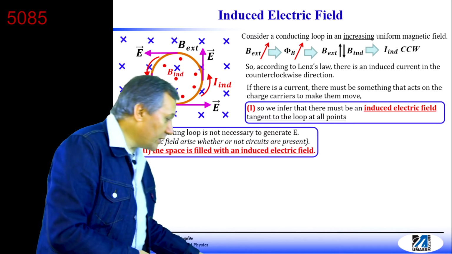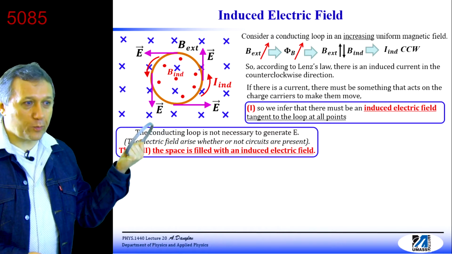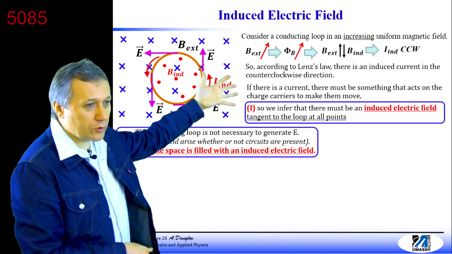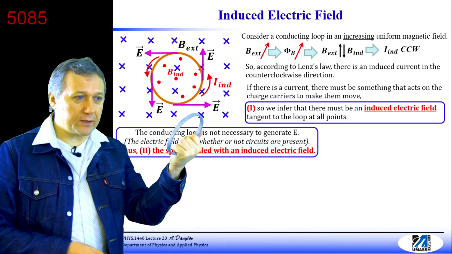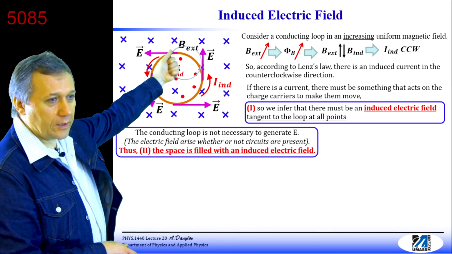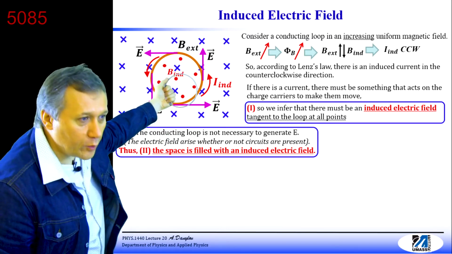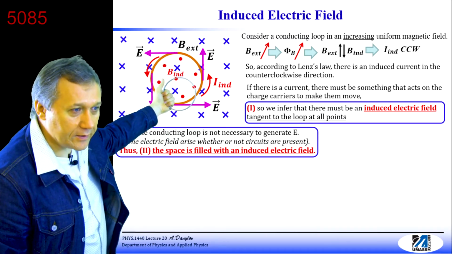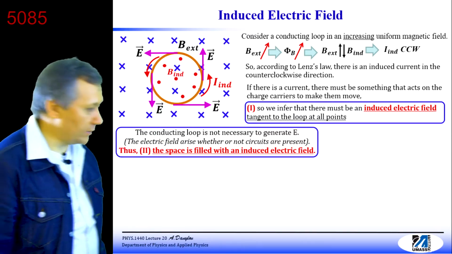In this case, we can say that the conducting loop is almost like a probe system. If somebody doesn't believe that there is an electric field over here, you can just grab the conducting loop, put it here, right? And you can say, you see, there is a current flowing through the loop. Current can flow only if there is an electric field. So you see the current, so there must be an electric field.